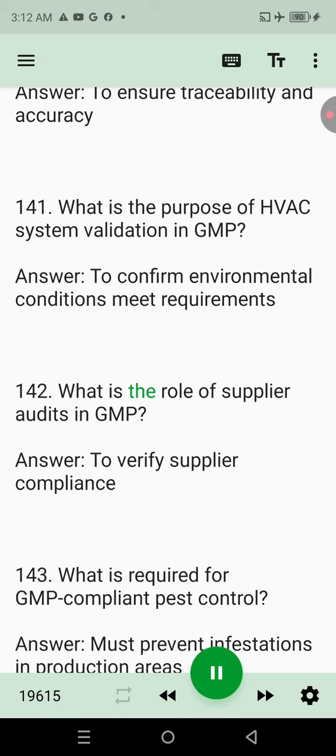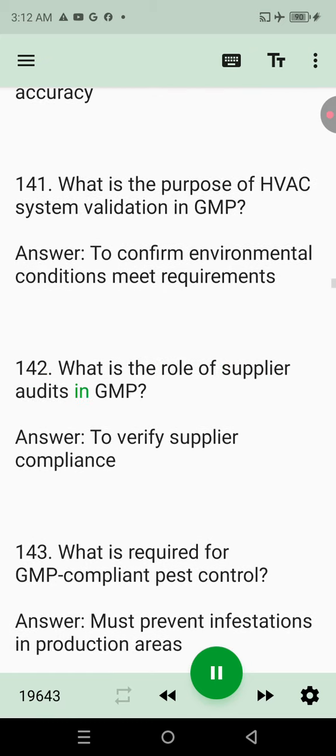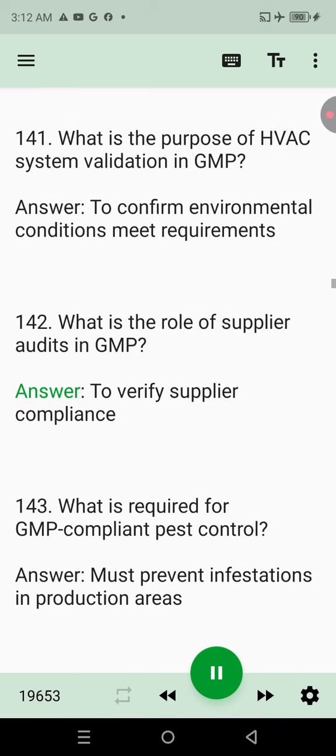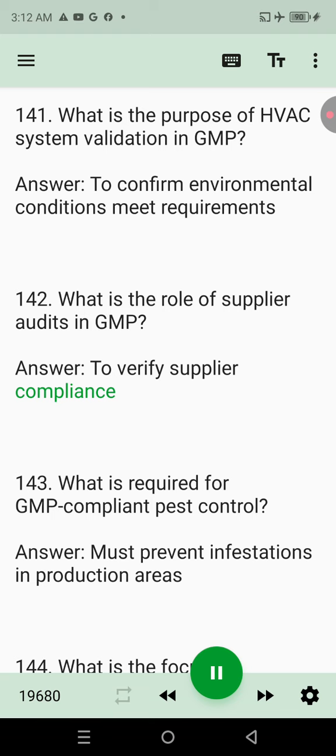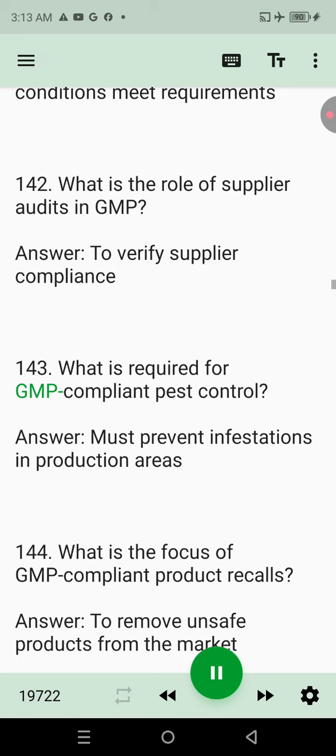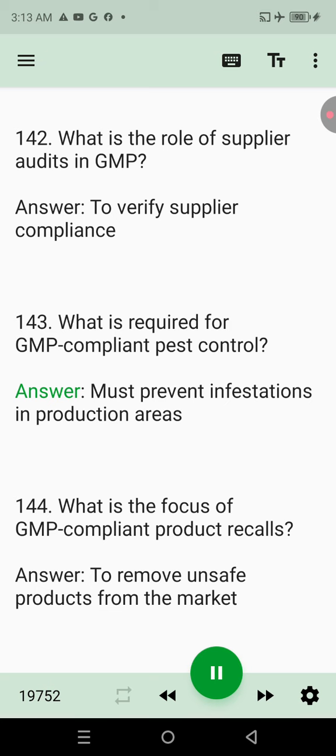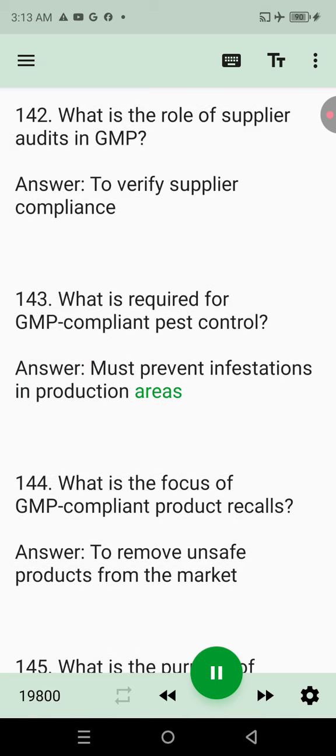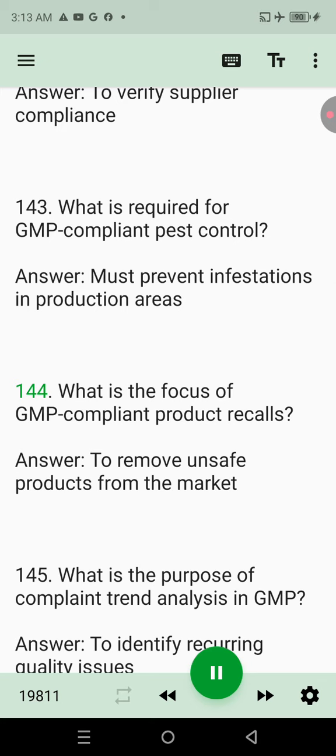142. What is the role of supplier audits in GMP? Answer: to verify supplier compliance. 143. What is required for GMP compliant pest control? Answer: must prevent infestations in production areas. 144.